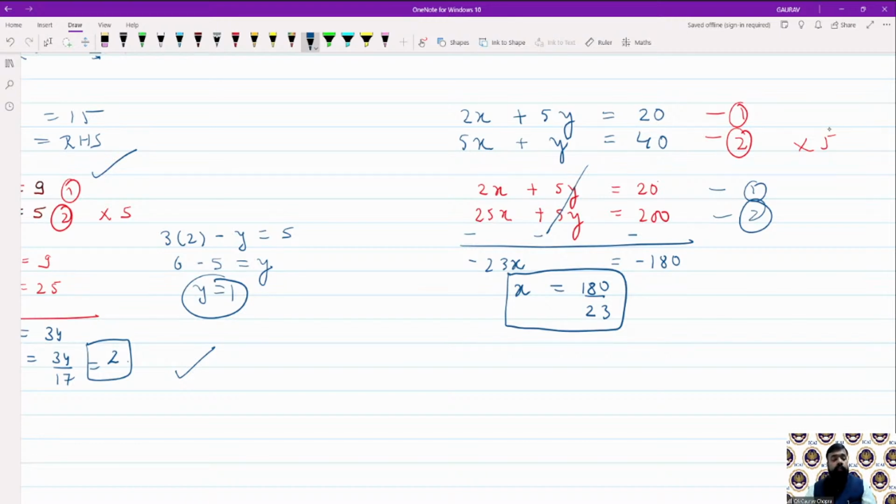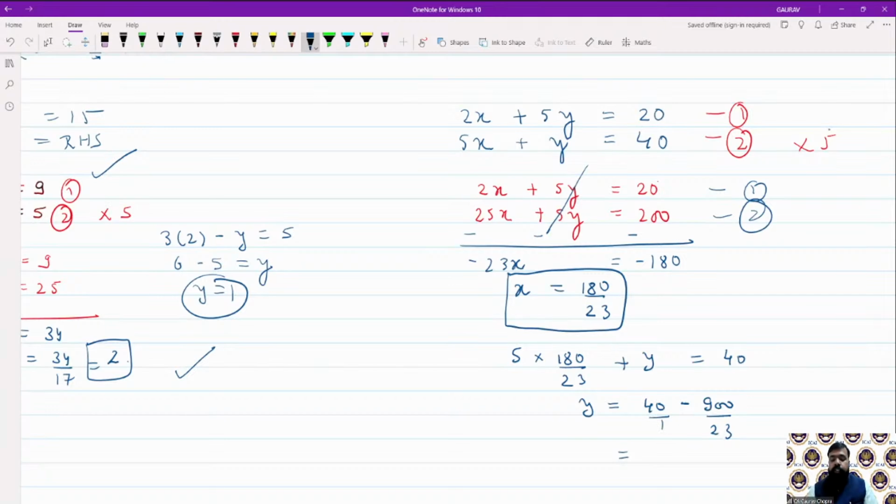Now, in order to find the value of y, what do we have to do? Substitute the value of x. So 5 multiplied by 180 by 23 plus y equal to 40. From here, y equal to 40 minus 180 into 5, which is 900 upon 23.